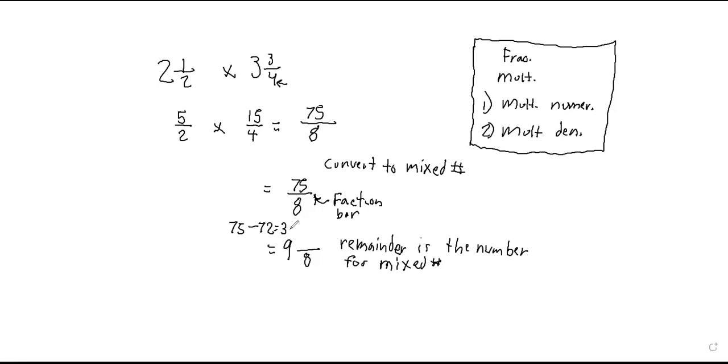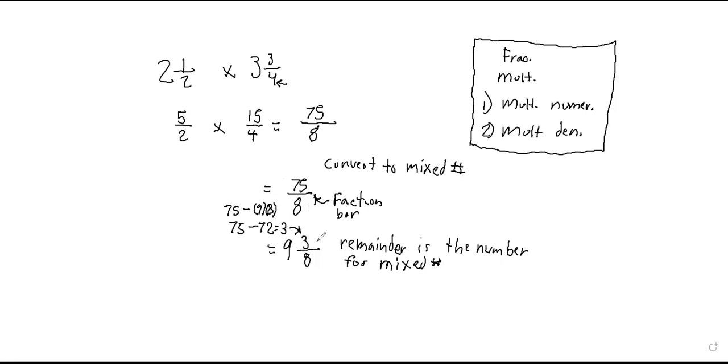So our remainder of 3 is what we put here for the numerator. So this is going to be 3. And that's how that works, okay? Again, how did we get to 72? We took the original numerator and subtracted the product of 9 times 8.